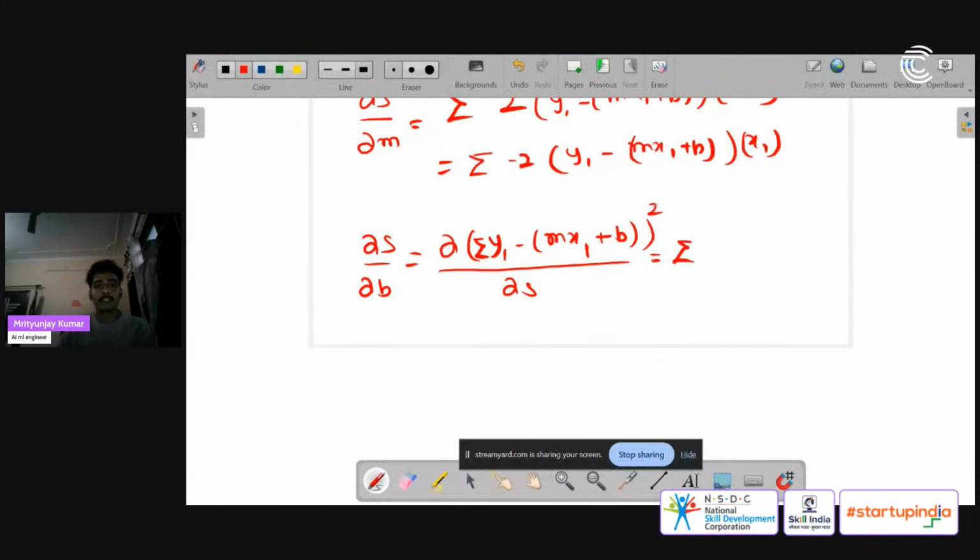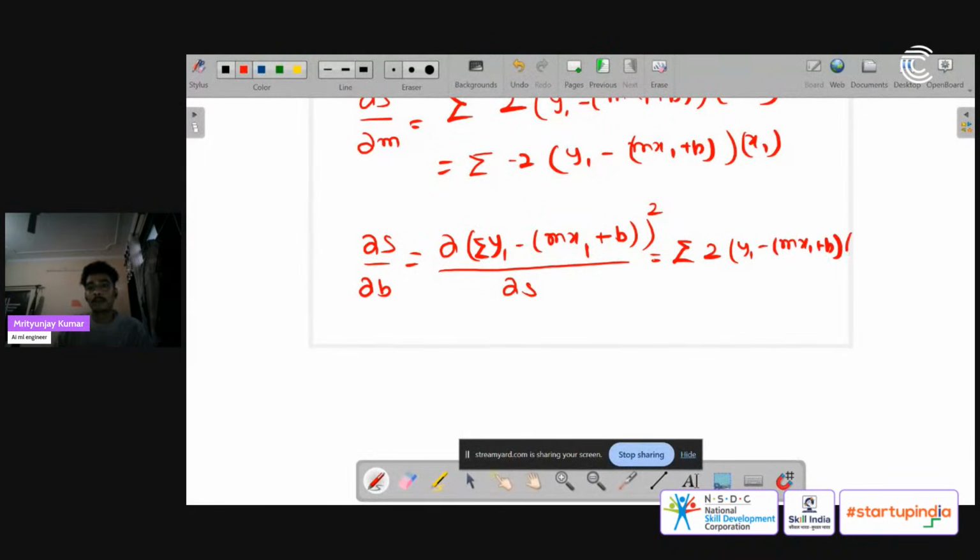Differentiation of the square will give 2, following the chain rule. Differentiating minus b gives minus 1, just minus 1. So our differentiation is going to become m x1 plus b.